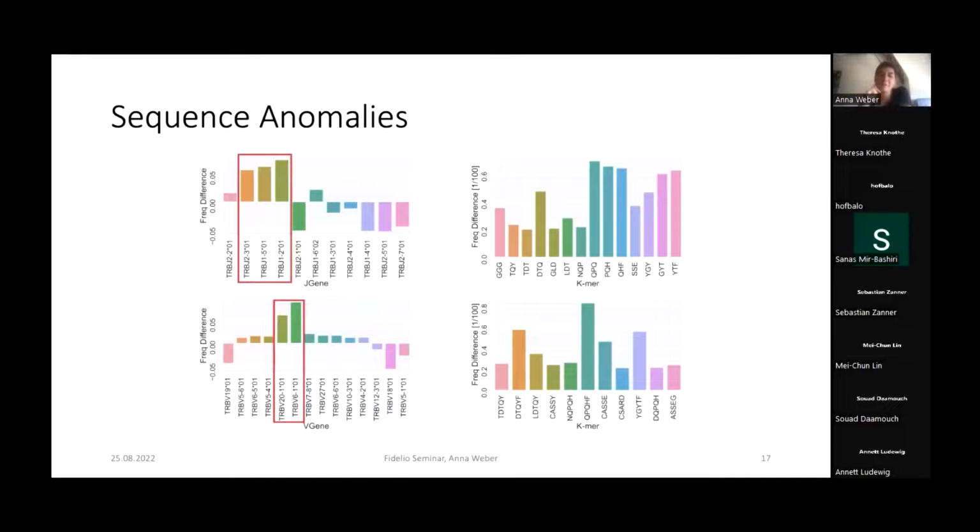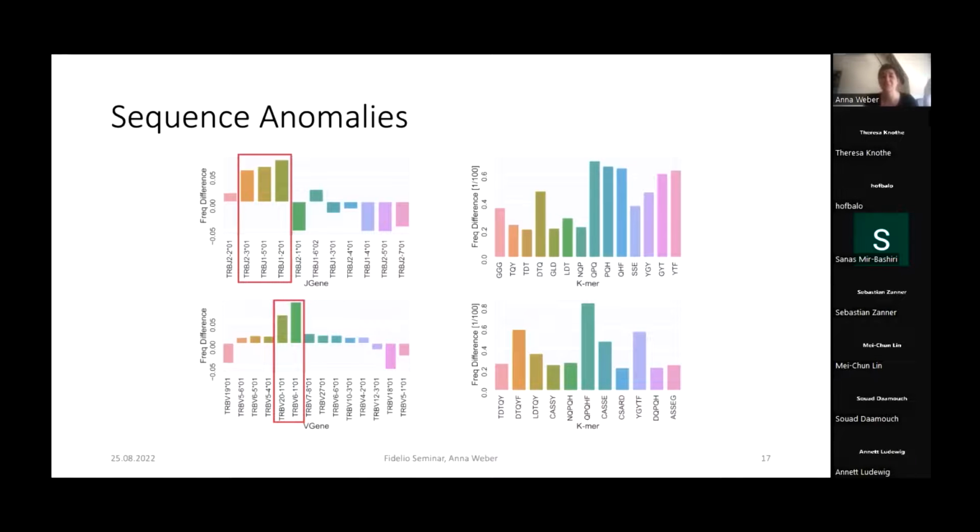And then what I also looked at is whether we find some other anomalies. For example, I checked whether certain V and J segments occur more or less often compared to the background. Here I really used frequencies of these receptors in very large data sets, even larger than the control samples that I used here.